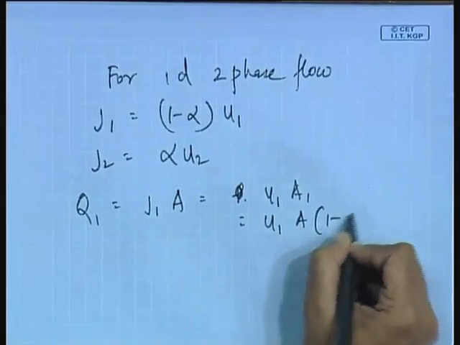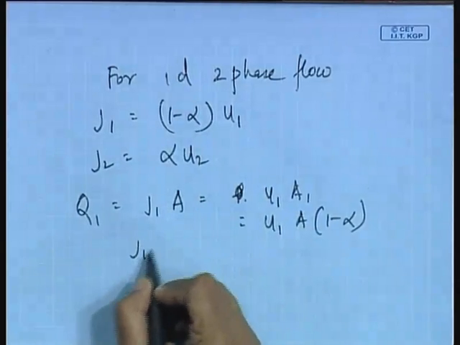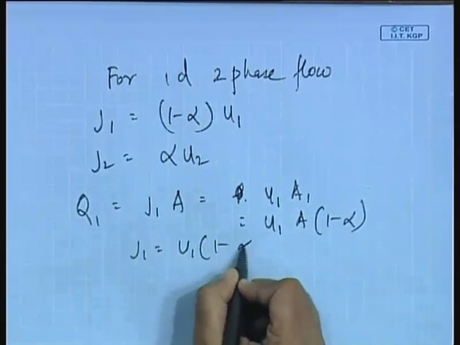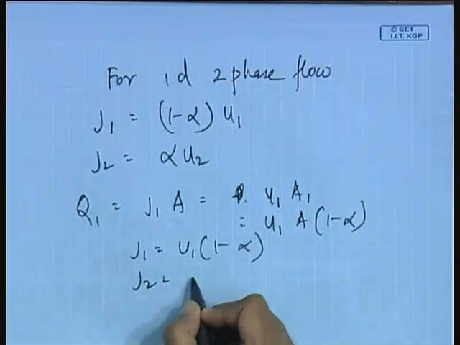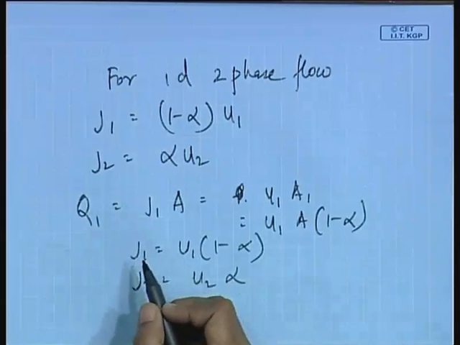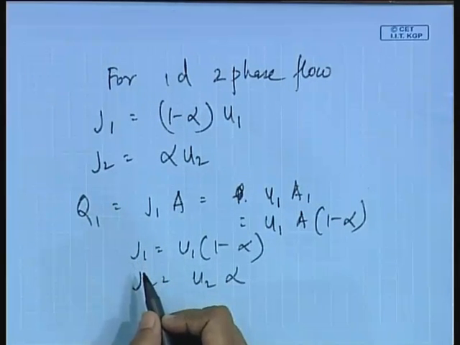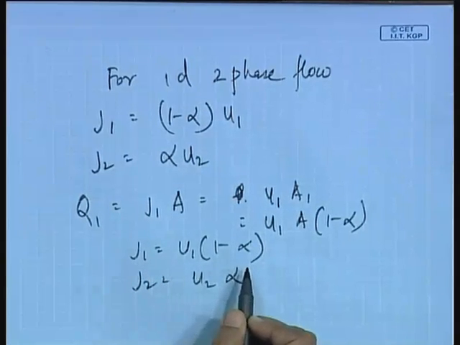It is A into (1 minus alpha). So, J1 equals U1 into (1 minus alpha). Agreed? Same way, J2 equals U2 into alpha. So the volumetric fluxes can be related to the local component concentration and the velocity by these relationships.